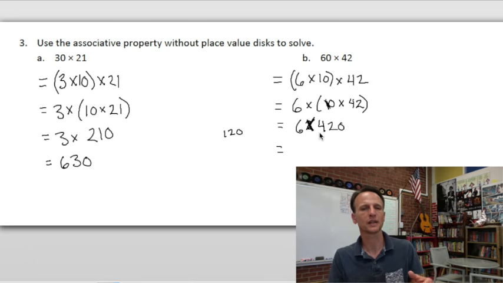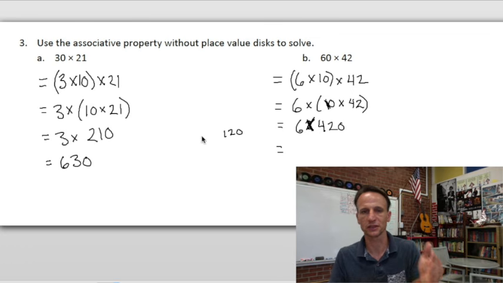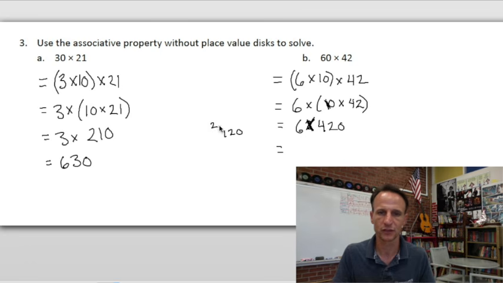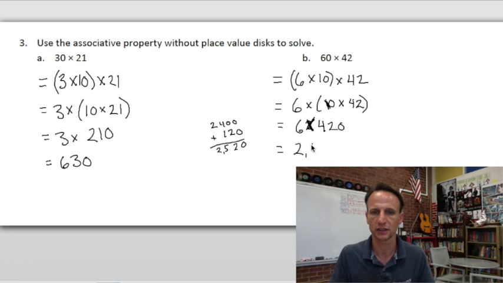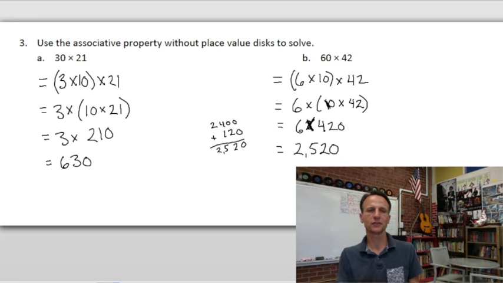It's going to be 6 times 4 times 100. 6 times 4 is 24, 24 hundreds, 2,400. And you can see quite easily here what our total is, right? 2,520. Beautiful, look at that.